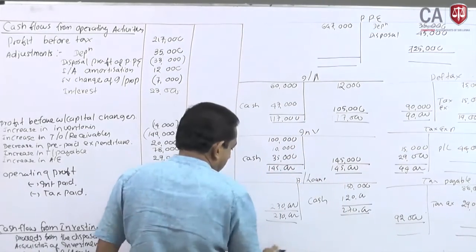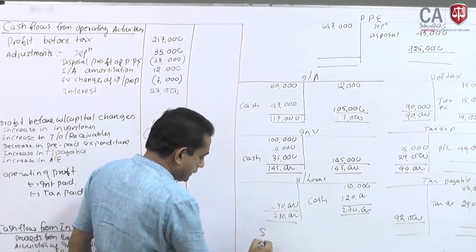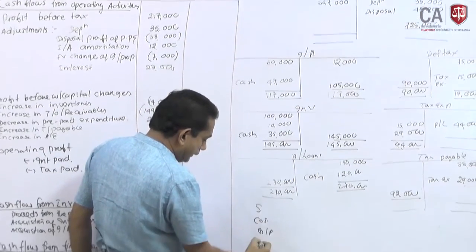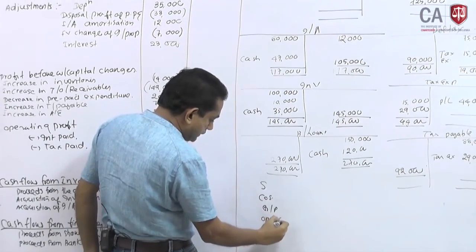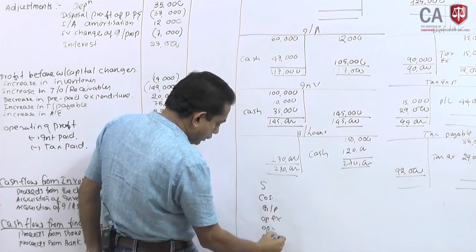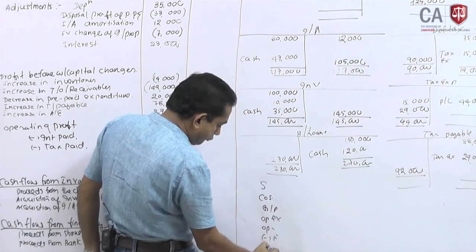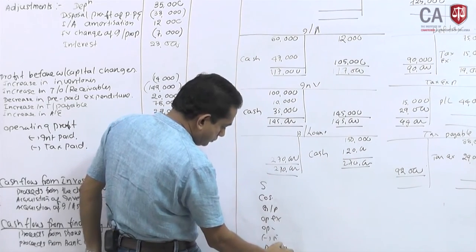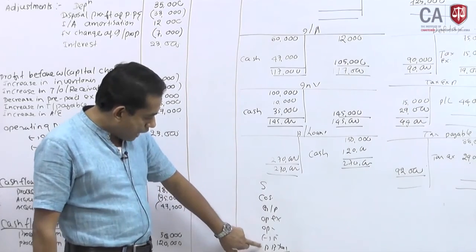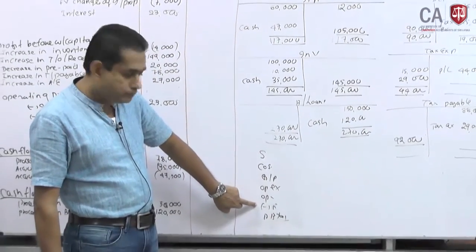In the profit and loss, you take the sales figure, cost of sales, and then the gross profit, and then operating expenses, and then you get the operating profit, and then finance cost, and then only you get the profit before tax. Profit before tax figure comes after deducting finance.